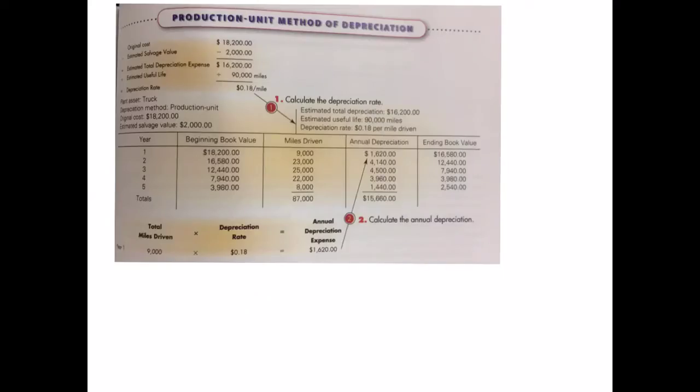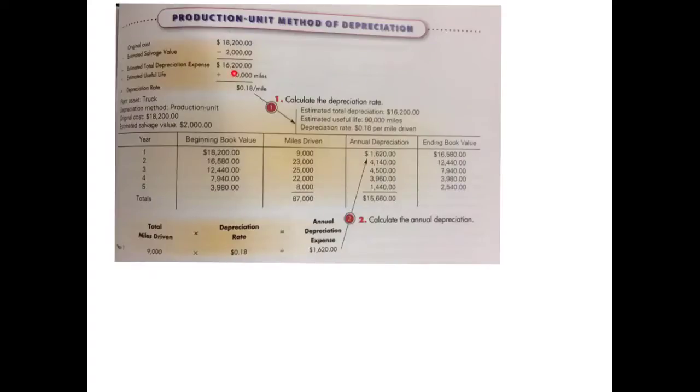The third type is the production unit method of depreciation. In this case, we are worried not so much about the useful life in years, but the useful life in how much use we can get out of that item. A good example is a vehicle. We're going to drive this vehicle for 90,000 miles. The original cost was $18,200.